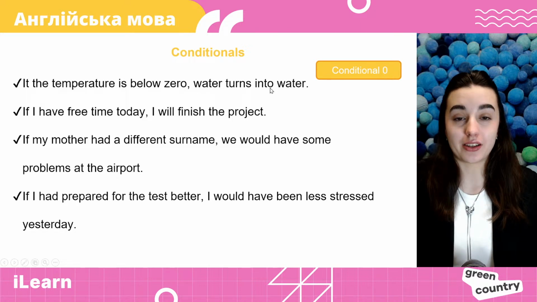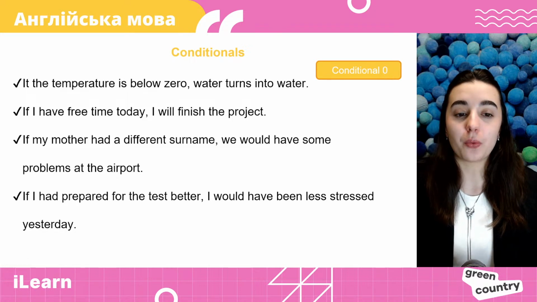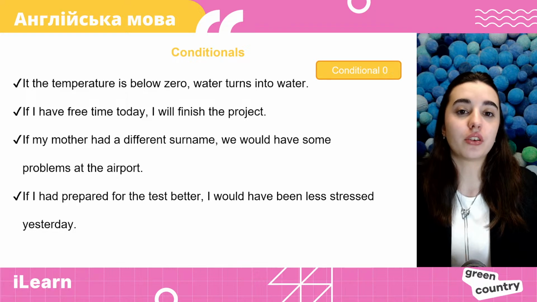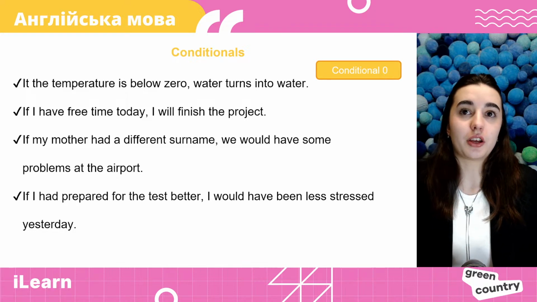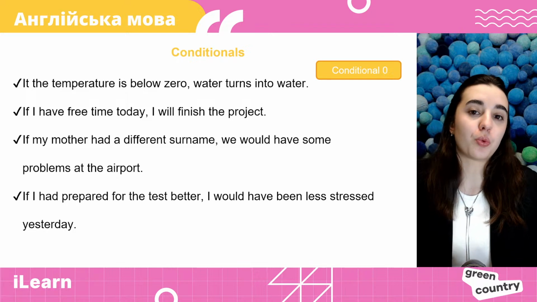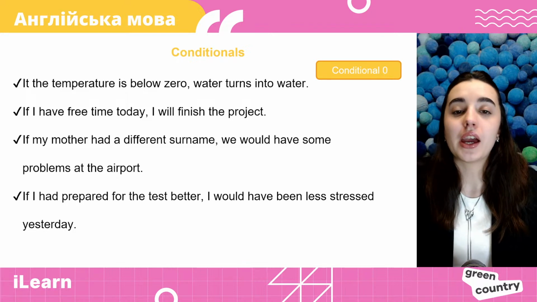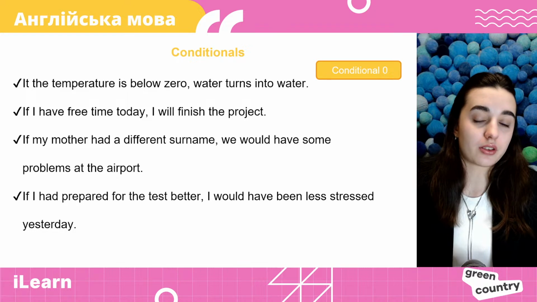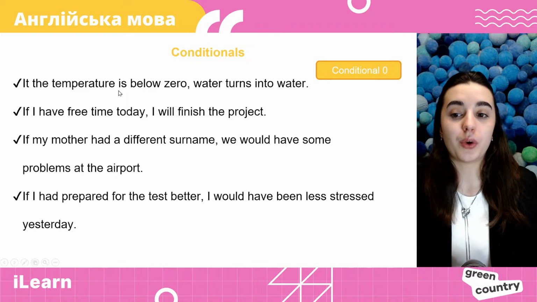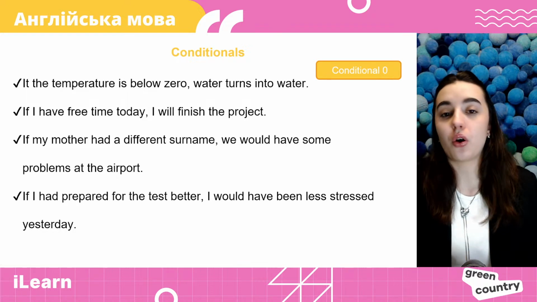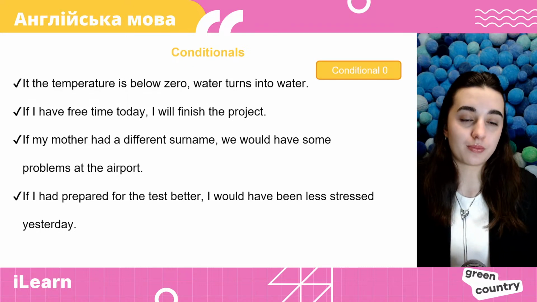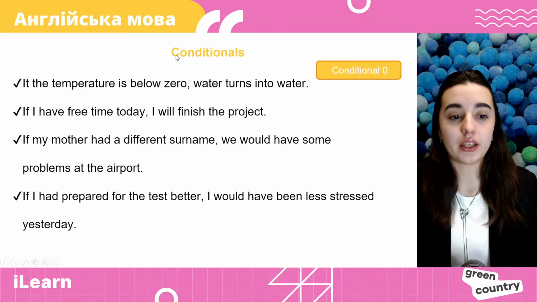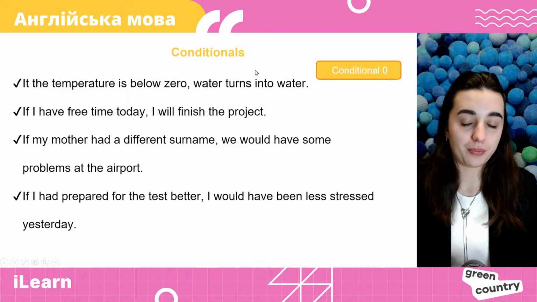Here we are talking about some general truth, about facts that are proven, and we can't say that it won't happen in some case, for example, natural facts. When the temperature is below 0, we know for 100% that water turns into ice. So here we need to use present simple and present simple.